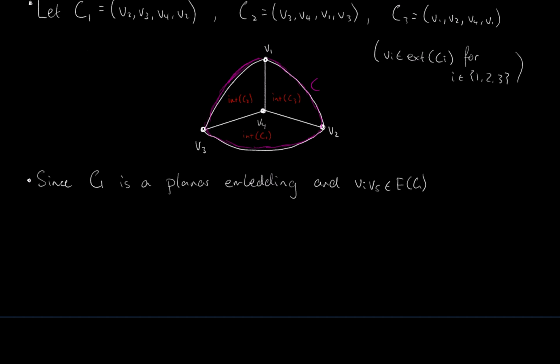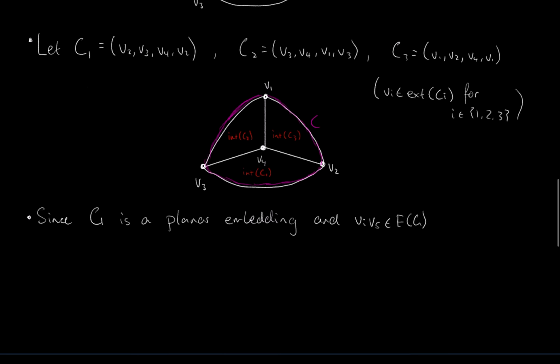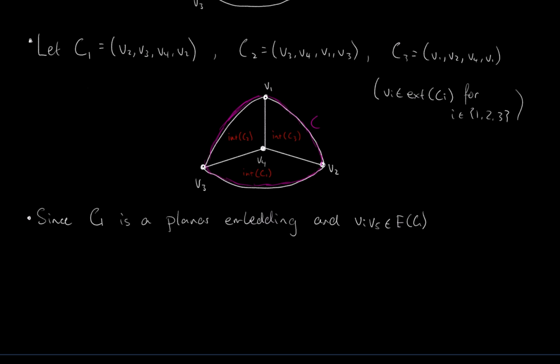So now we use the Jordan curve theorem, right? If you can imagine where the 5th vertex should be placed on the plane. Remember, we want to preserve planarity. Where can it be? If you connect any of these vertices with V5, wherever V5 is, where should it live?